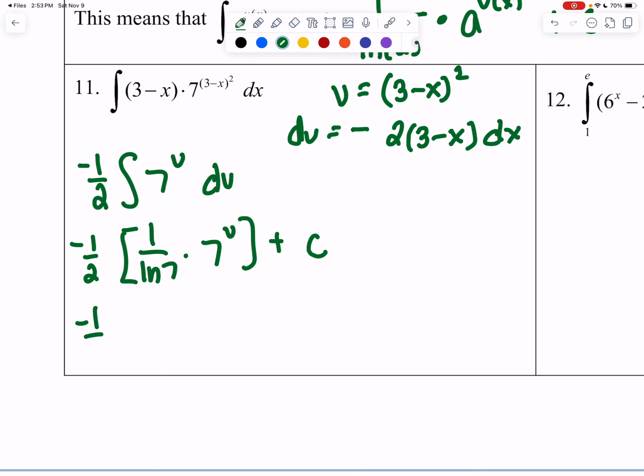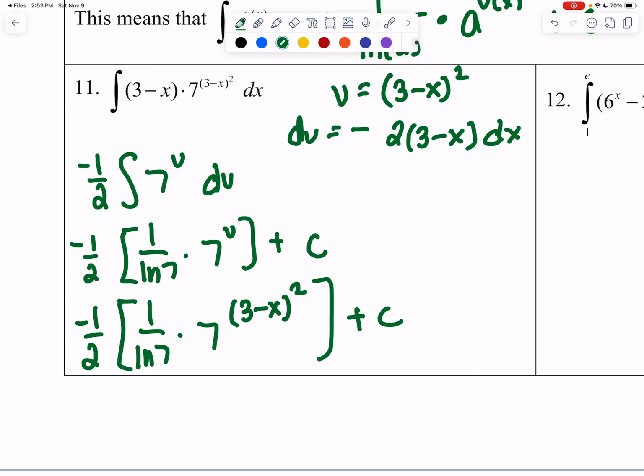And we know that u is 3 minus x squared. And this would be my antiderivative right here. So -1/2 times 1 over ln of 7 times 7 to the 3 minus x squared. Lots of fun.